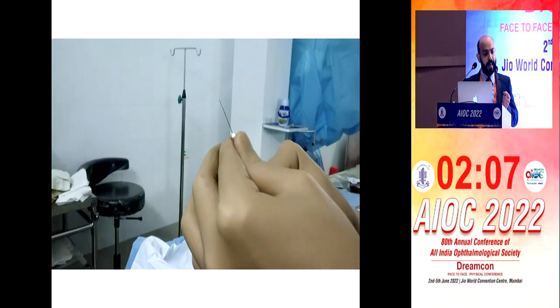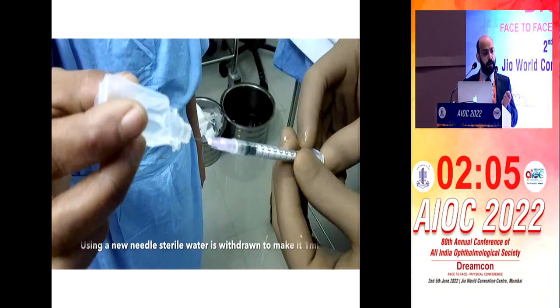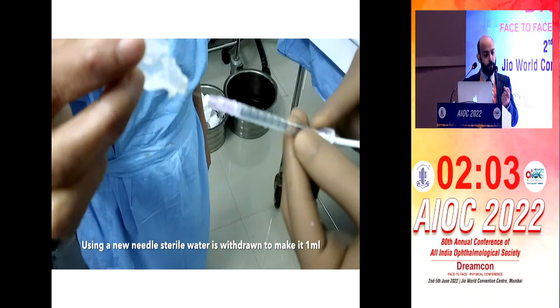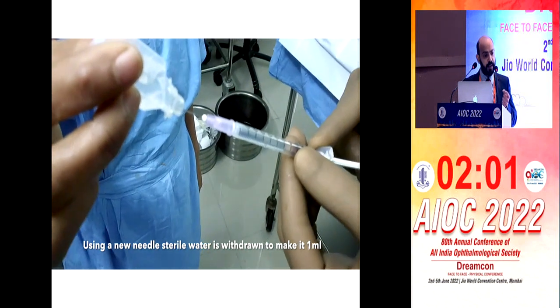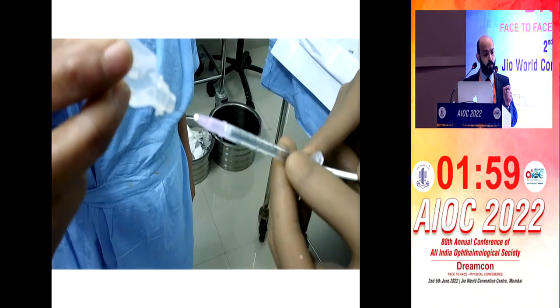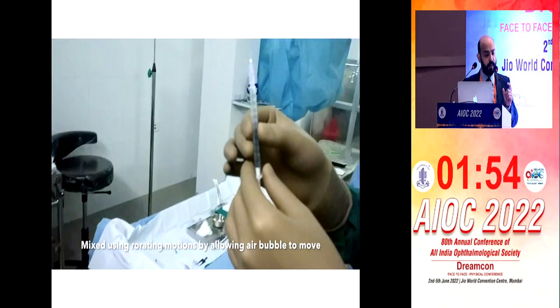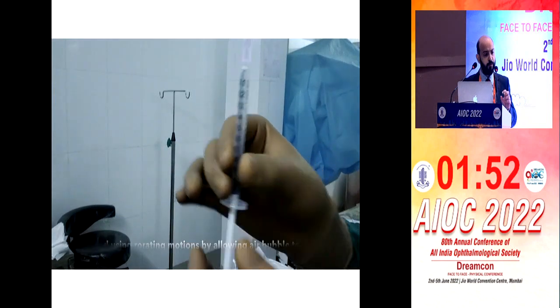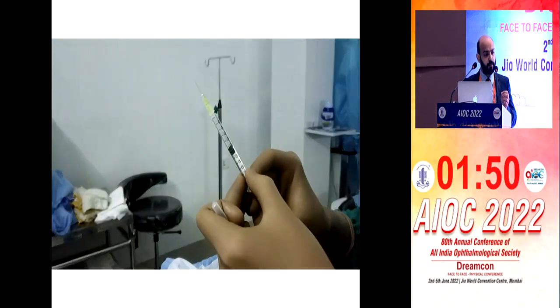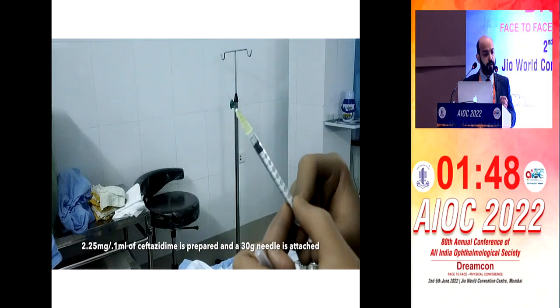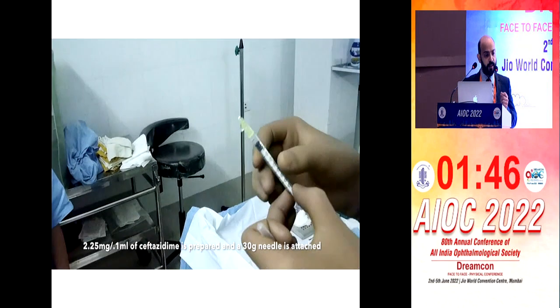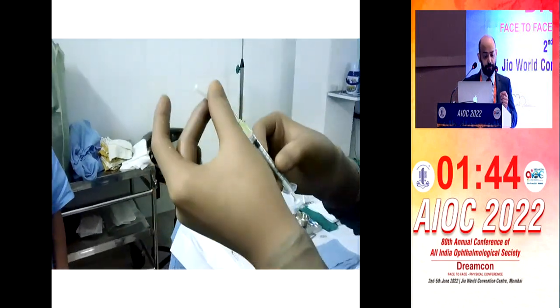Then take a new needle every single time. Take 0.1 ml initially, then make it 1 ml. At every step, it is very important to remove the needle, because otherwise the concentration is changed. Again, we have to mix it using these round and round motions, and keep finally 0.1 ml, which contains 2.25 milligram of the drug.